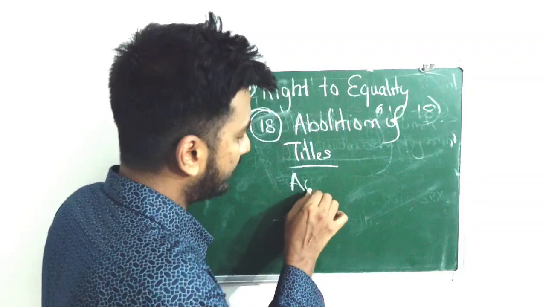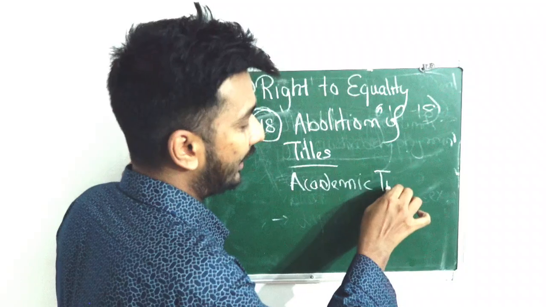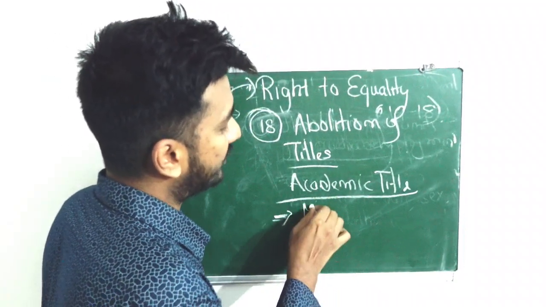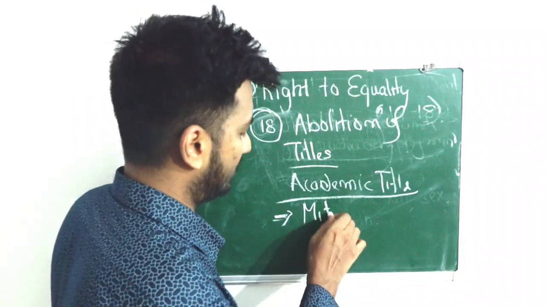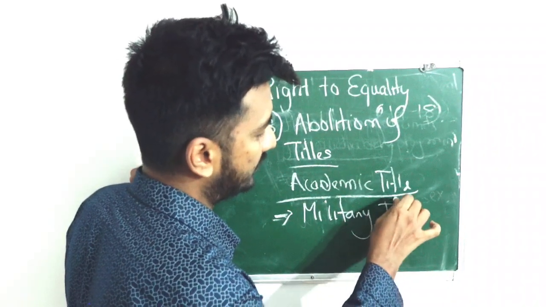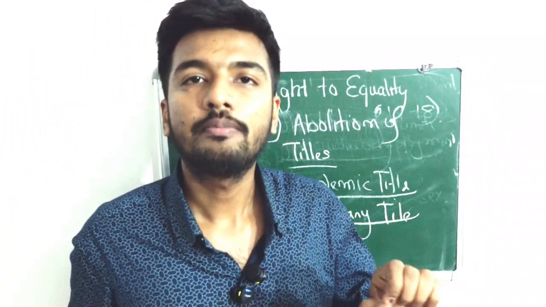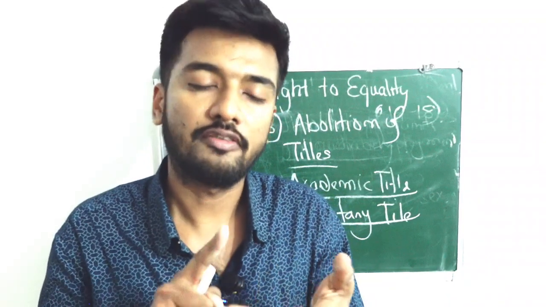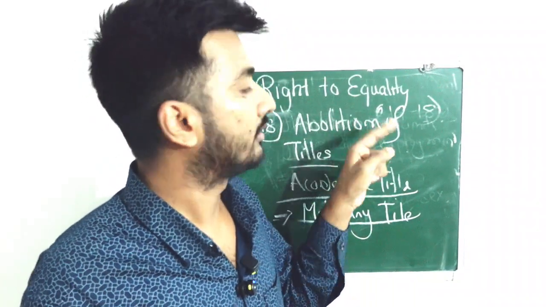One is an academic title, like doctor, and another is a military title, like captain, brigadier, and such. So right to equality means you are equal before others. There are 5 articles in the right to equality: 14, 15, 16, 17, 18.